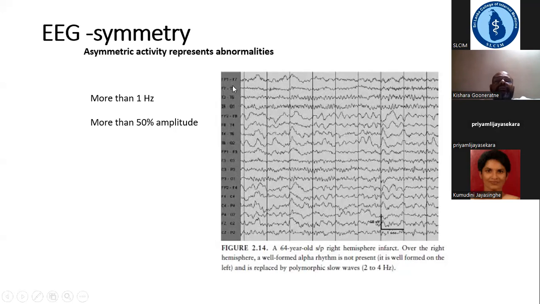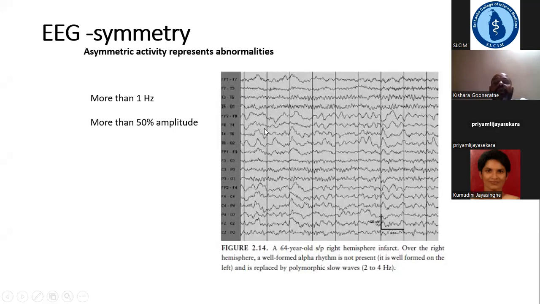The odd numbers are from the left hemisphere, so the first 4 leads on top originate from the left, and then the second set of 4 leads originates from the right hemisphere.